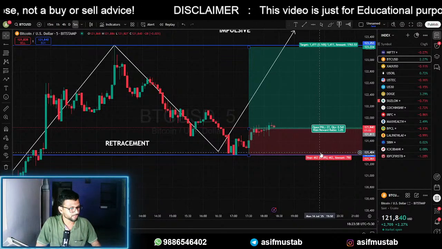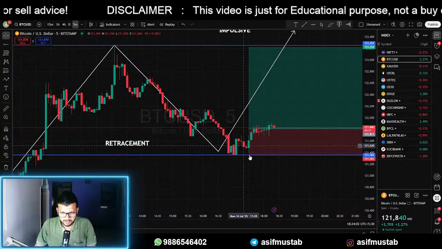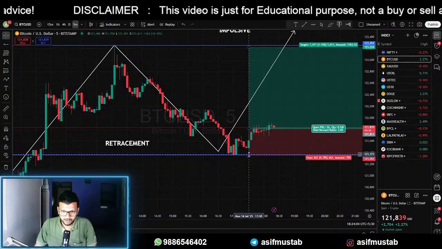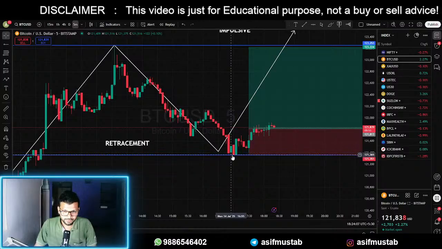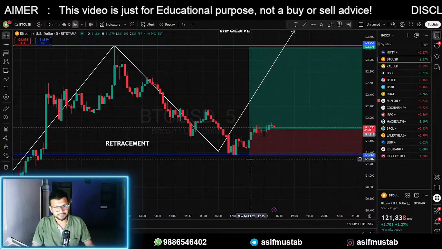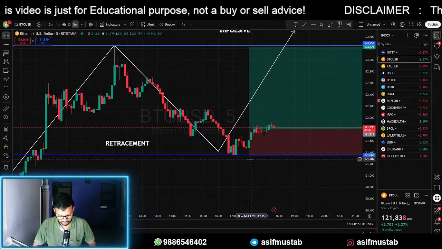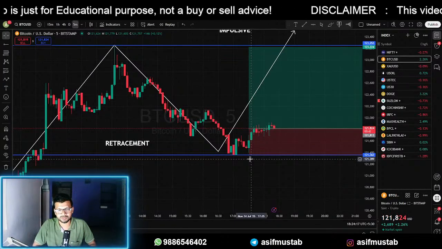And this is a double confirmation in BTC that after this retracement, it has taken one more reversal from this level. Okay, this is the first time, second time, and whenever the market takes reversal for the second time, then there is a big chance that the market will move in the same direction.